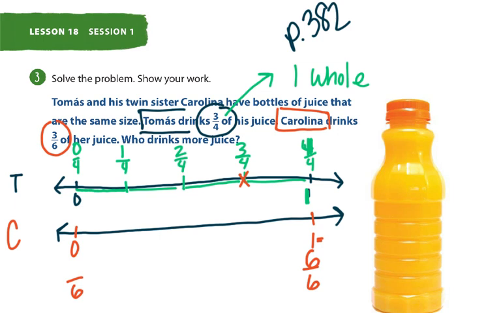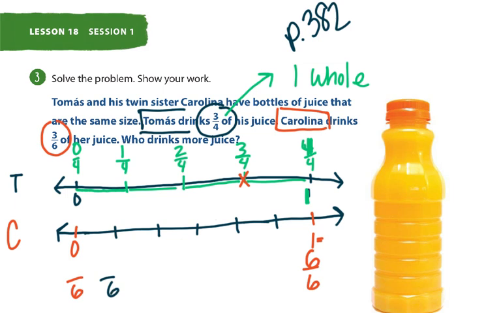So I'm going to draw my fractions, but I have to slice it up into 6 because my denominator is 6. 1, 2, 3, 4, 5, 6. Ooh, that one didn't work. I'm going to try again. 1, 2, 3, 4, 5, 6. Better. Okay.